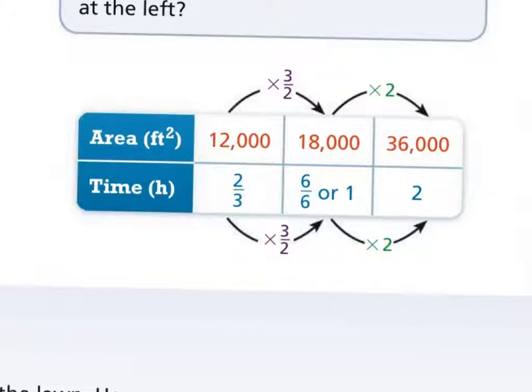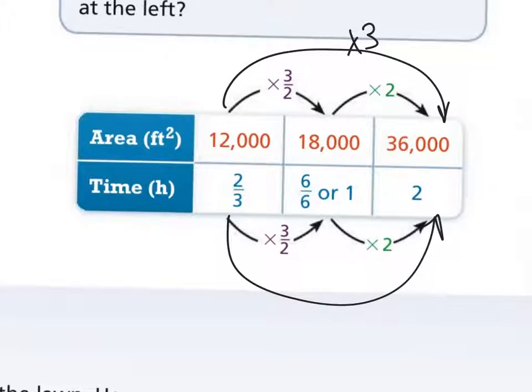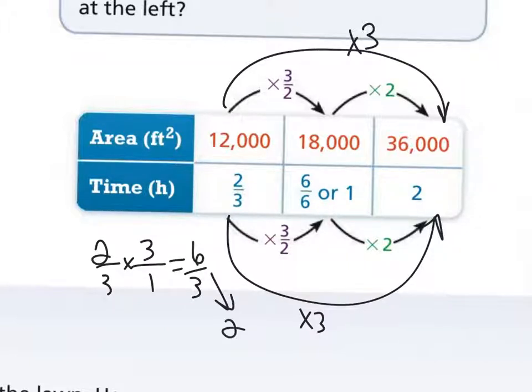Another thing you might notice on this one is 12,000 to 36,000 actually would be 3 times as much. So we could simply just take 2/3 times 3. So 3 is like 3/1. And multiply that. And that's actually going to be a simpler approach on this problem. But again, it's not always going to be the case that we'll have that nice of a pattern to get towards our answer.